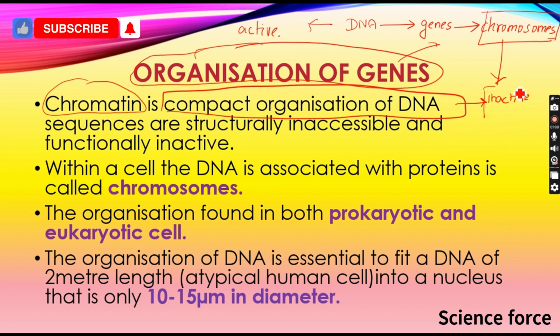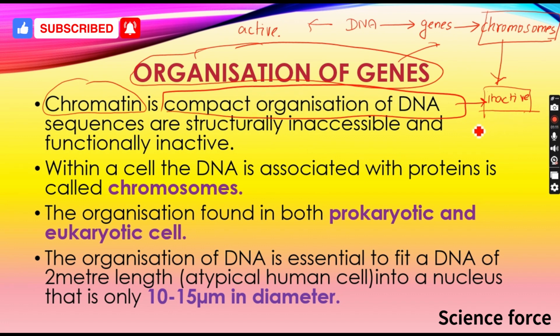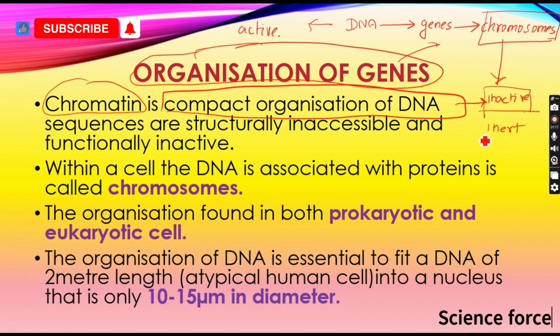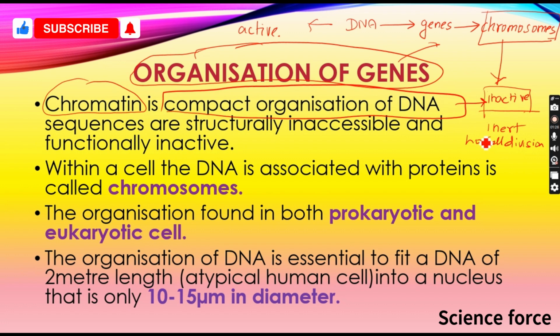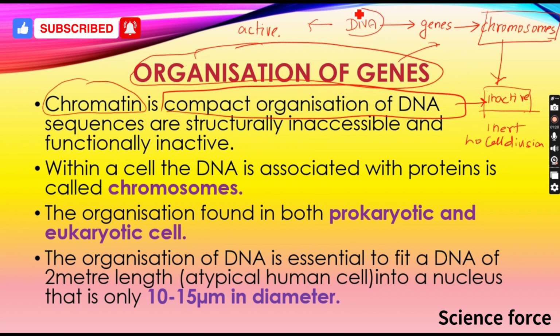The inactive form of chromosomes is very important, as they must be inert when there is no replication or cell division taking place. When there is no cell division, the DNA must be inactive. The DNA is converted to a compacted form of chromosomes and becomes inactive.